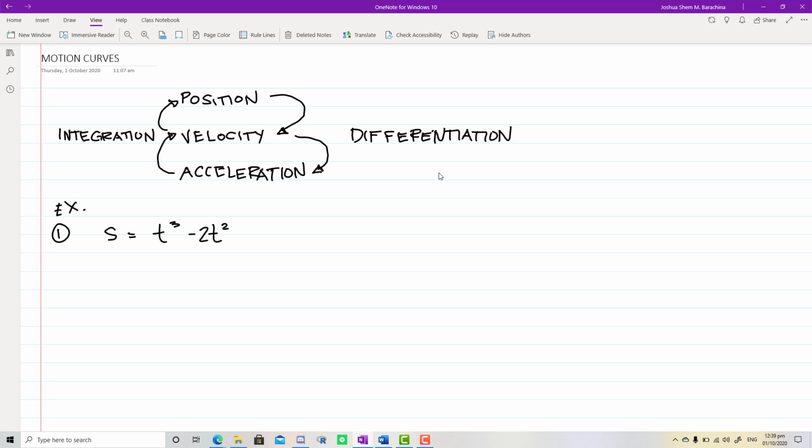To find the velocity and acceleration equation, ang required natin, we are asked to find velocity as a function of time and acceleration as a function of time. We will just differentiate. Take the derivative with respect to time.